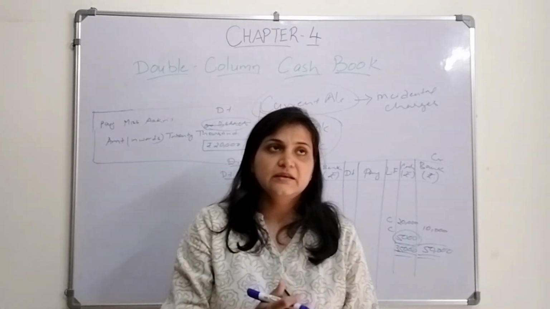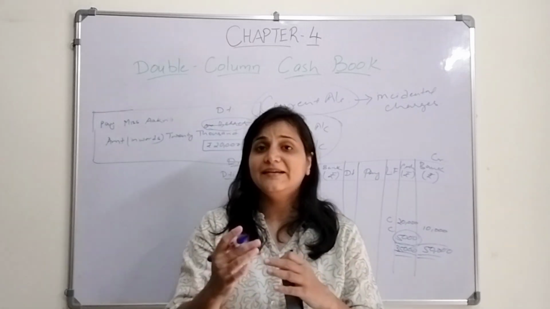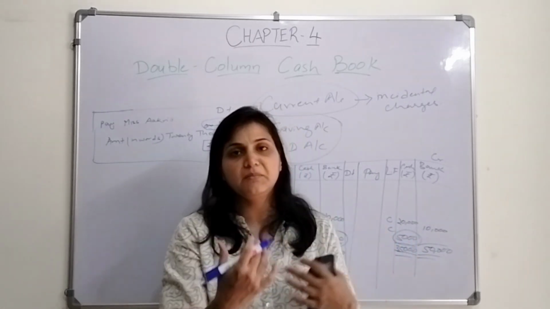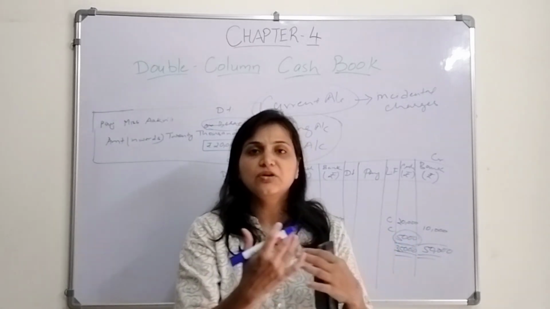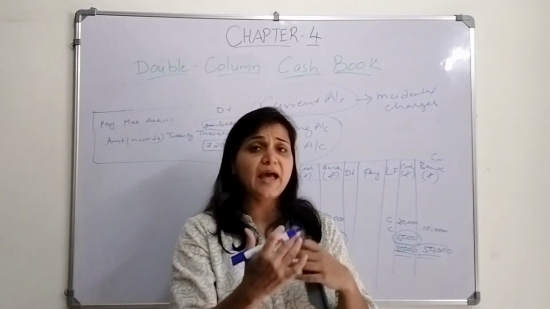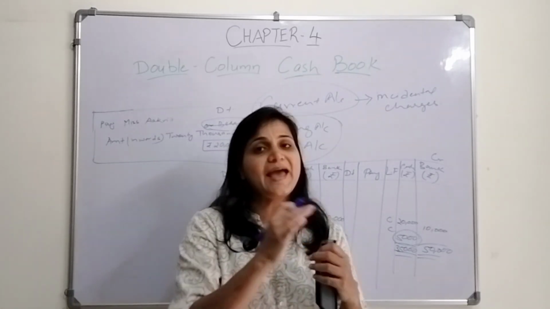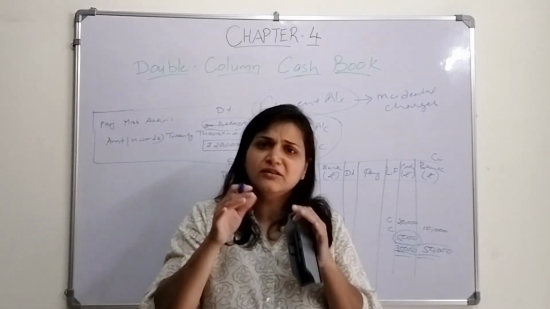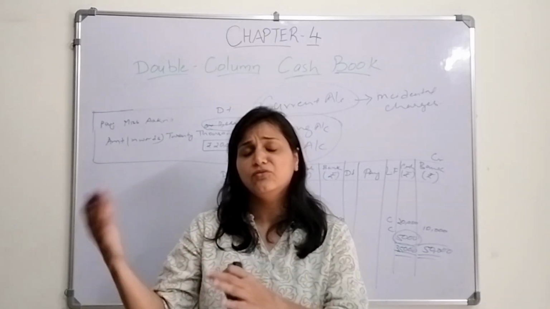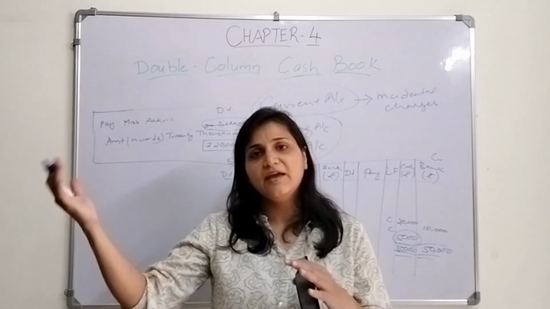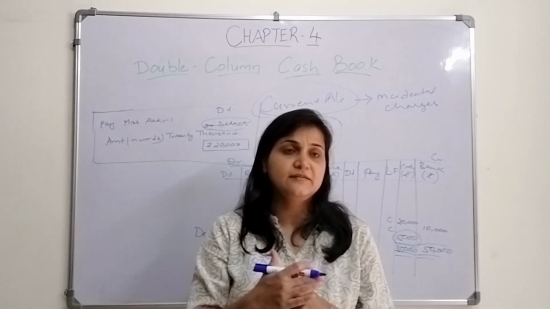The next thing is, at times somebody is giving me money, right? If somebody is issuing a check to me, I received the check, but I have not deposited it on the same day. I am tired and don't want to go to the bank. I thought, okay, I'll deposit the check on the very next day.